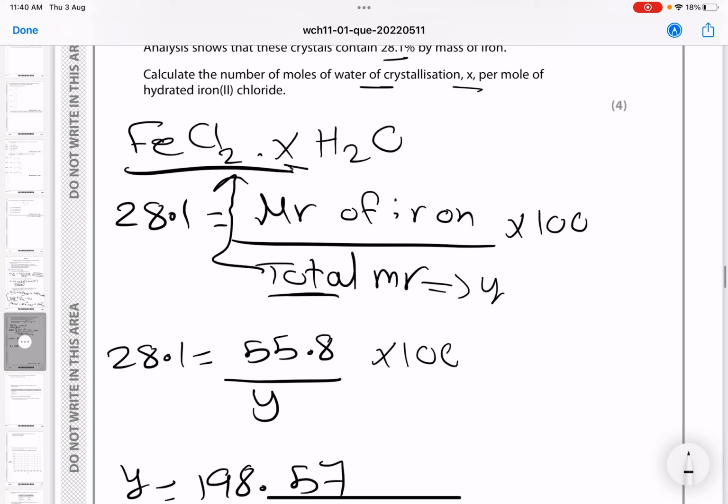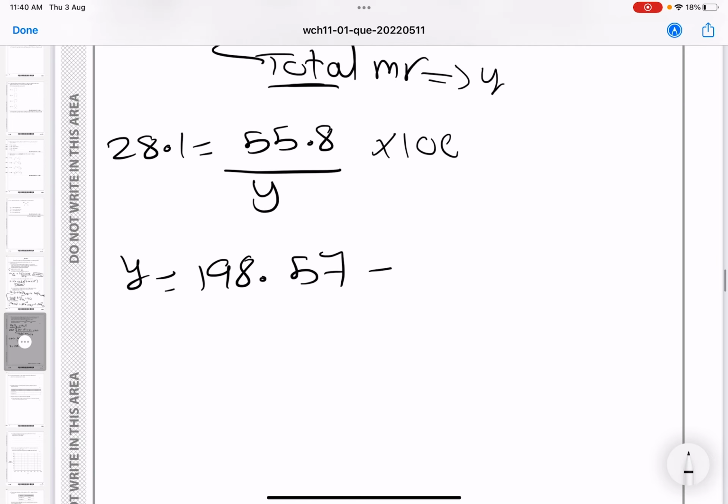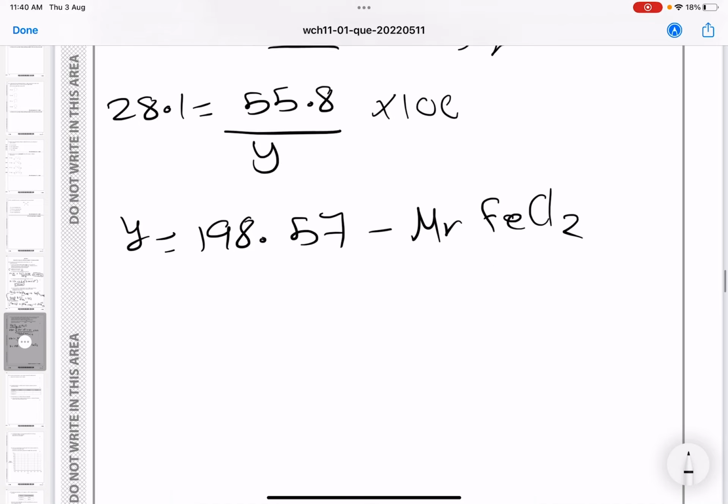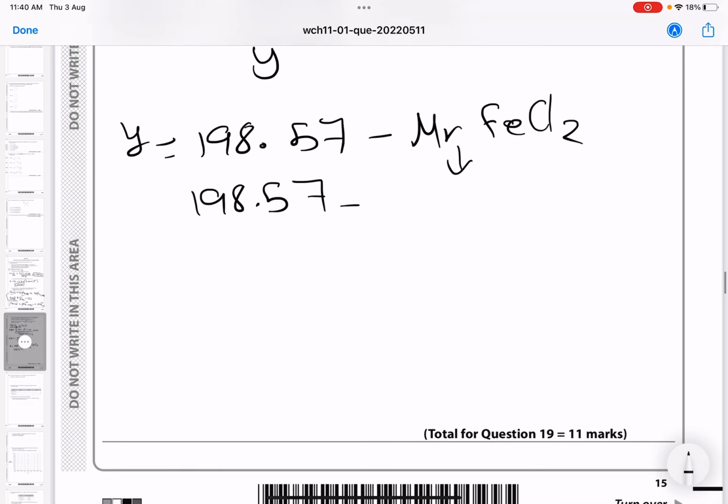We need to find x. So what we can do is subtract the Mr of FeCl2 from it. The Mr of iron chloride, guys, is 35.5 times 2 plus 55.8, which is 126.8.